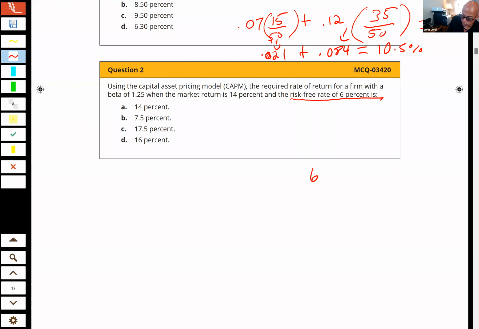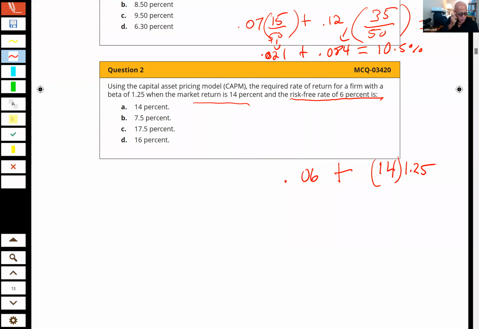So we're going to put 0.06 in this capital asset pricing model. Now we're going to adjust that for this risk premium here, and they tell us that the market rate of risk is 14%, but then we have to amplify that for the beta, which they tell me is 1.25.